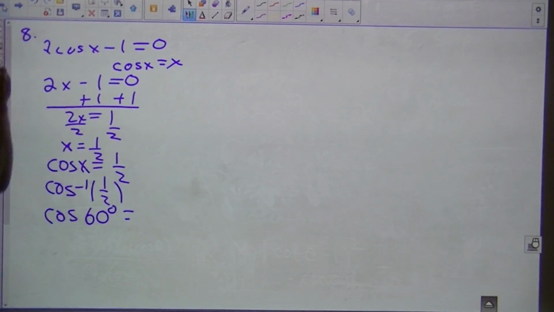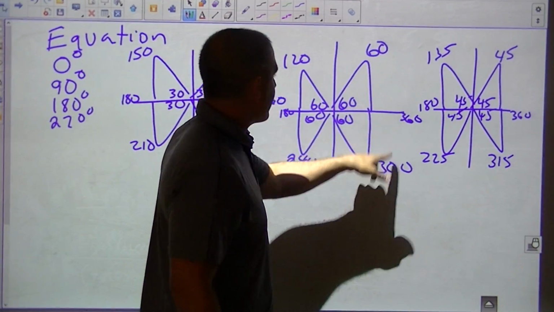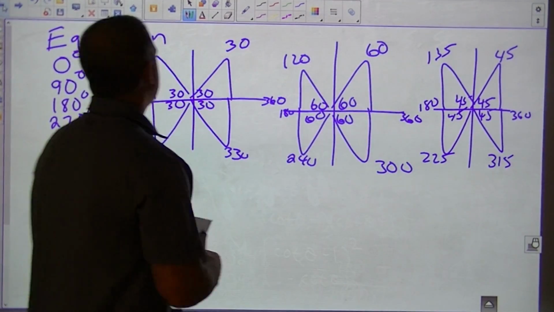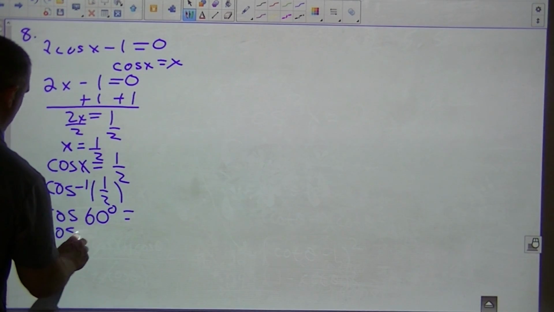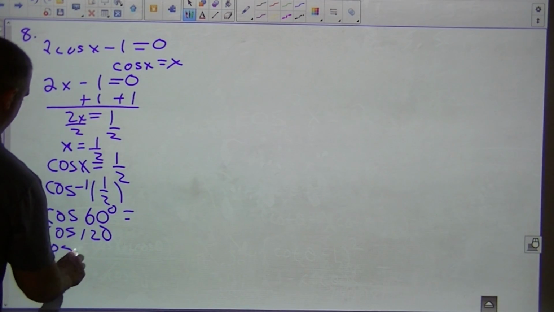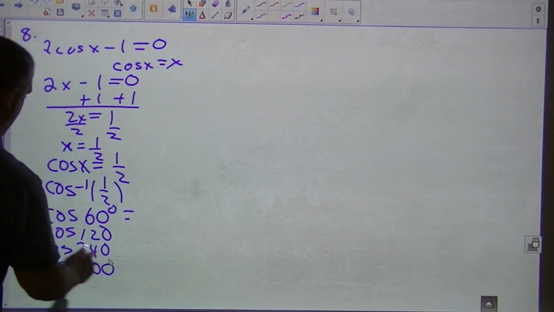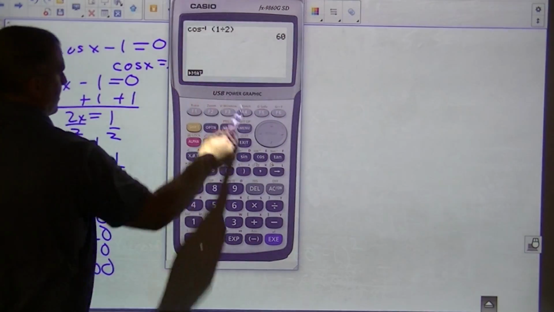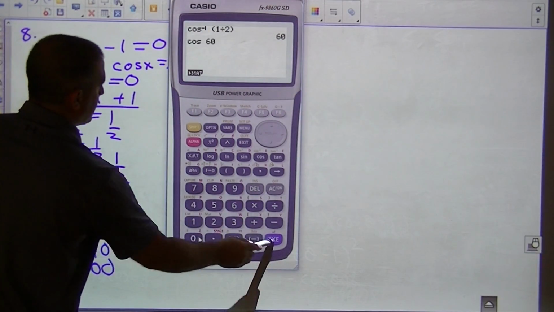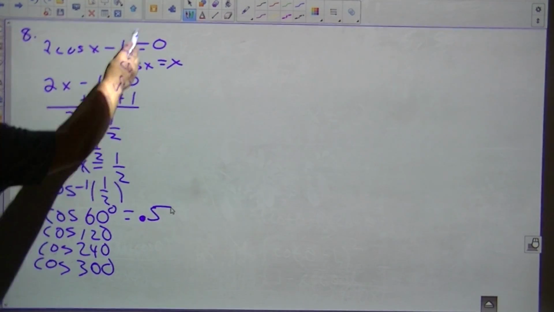Okay, so when you look back at this bow tie, you know that these would be the other angles that you're going to try. So I'm going to try cosine of 120, cosine of 240, and cosine of 300, knowing that the 60 already works. Now, let's figure out cosine of 60. It's going to be 1/2, but if you type it in, it's 0.5. So I want to find the other ones that give you 0.5.